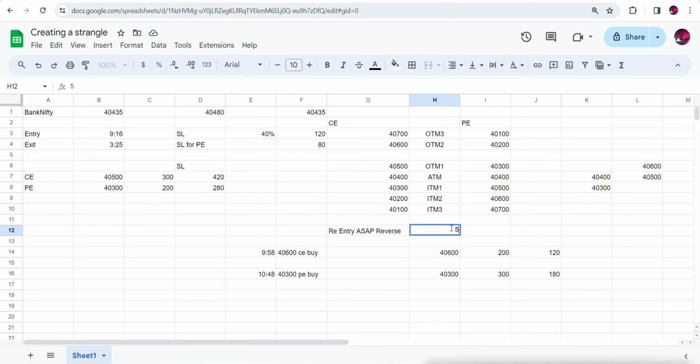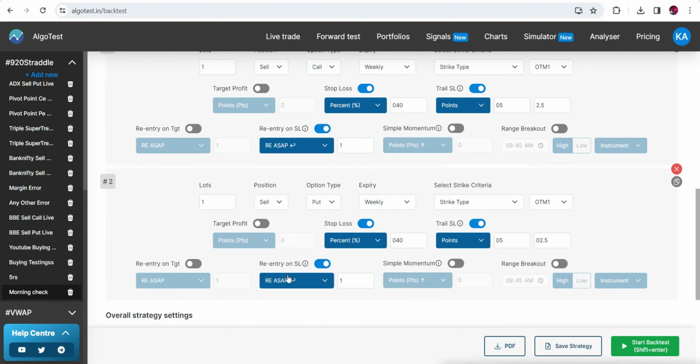If you enter 5, it means it can enter 5 times after our stop loss is hit. ASAP reverse simply reverses your position, and it keeps on reversing up to the number you enter here. So this is how the ASAP reverse works.